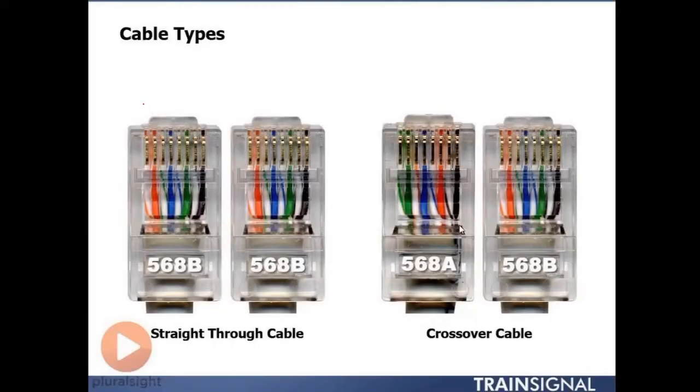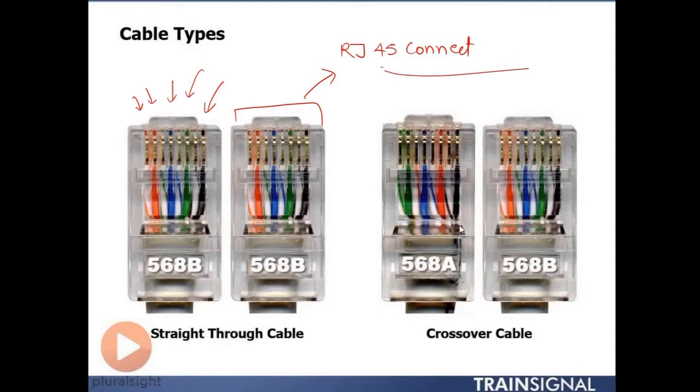We have some white wires, some orange, some blue, then green, and black. So these are the basic colors we have in the RJ45, and these are the connectors that we call RJ45 connectors, or the LAN cable. Whenever we have an RJ45 connector here and an RJ45 connector here, then we call it a LAN cable.